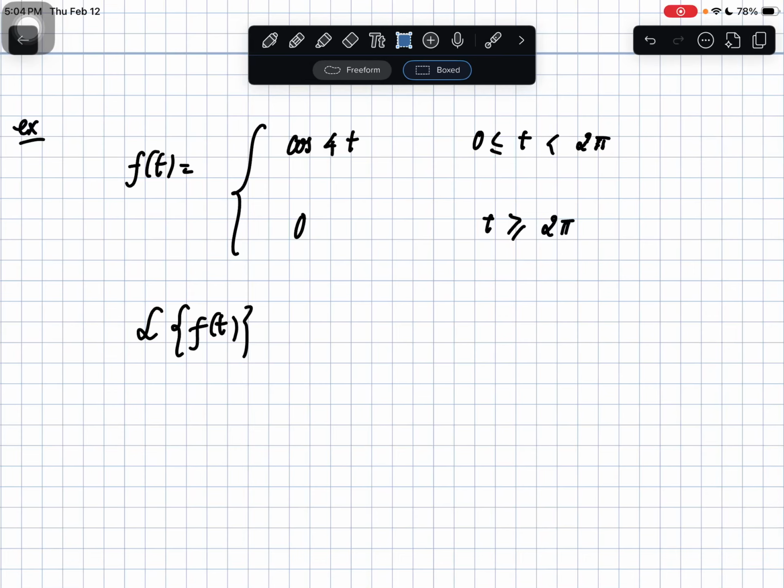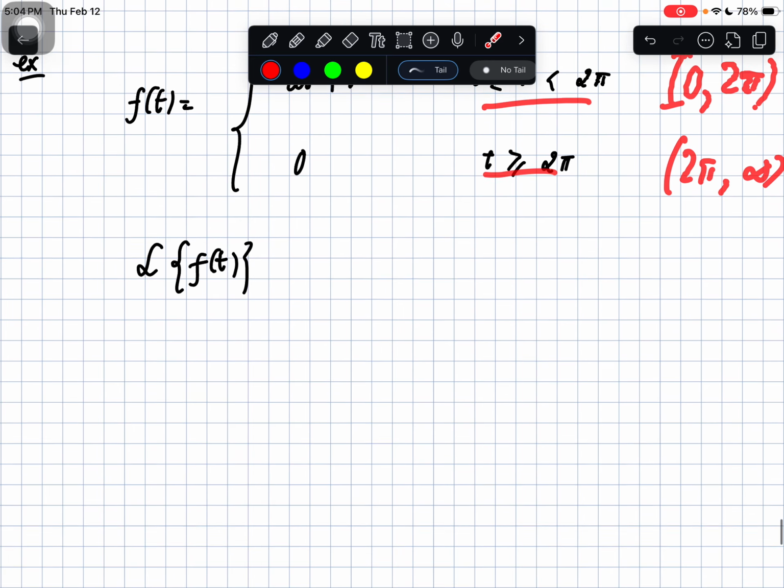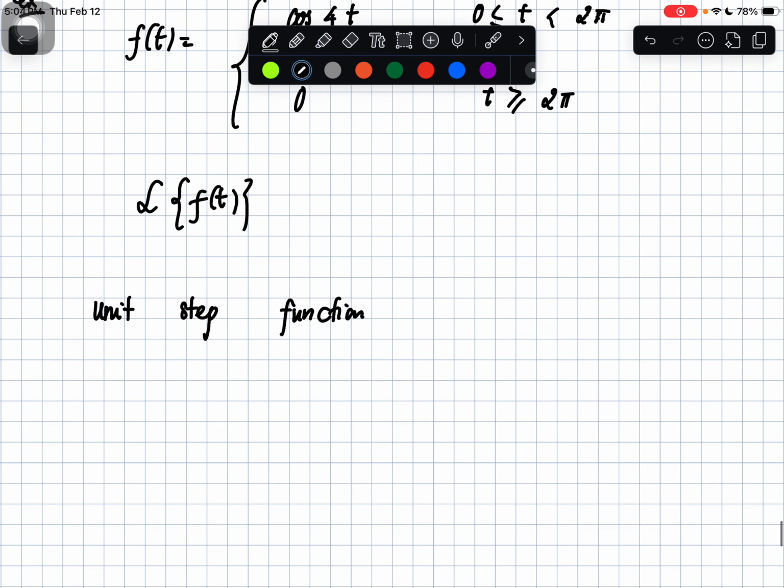We want to compute the Laplace transform of f(t). For this function, f(t) is a piecewise continuous function. So here we have two intervals, from 0 to 2π and from 2π to infinity. So we can use the unit step function u(t − a).